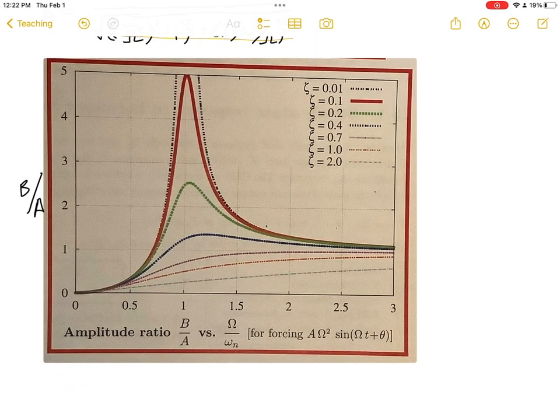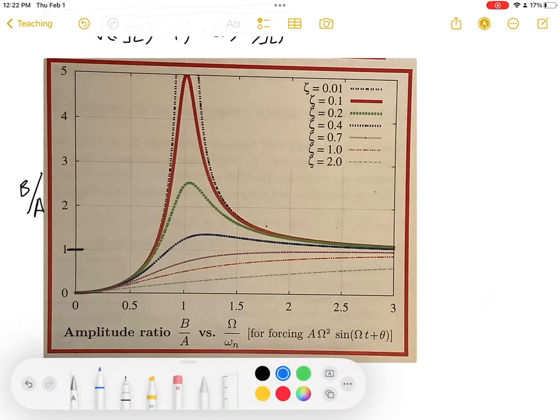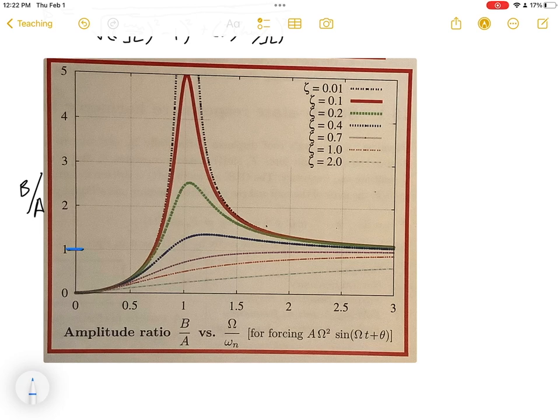When B over A is equal to 1, that means that the magnitude of the output is the exact same as the magnitude of the input.